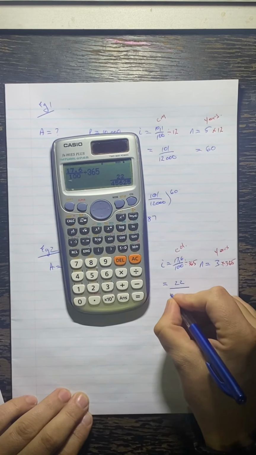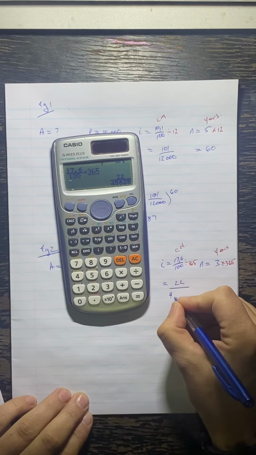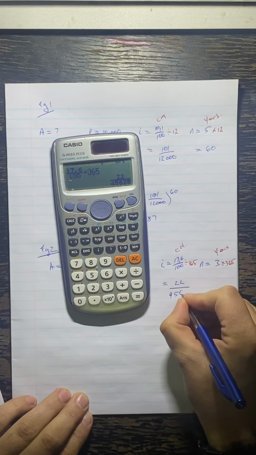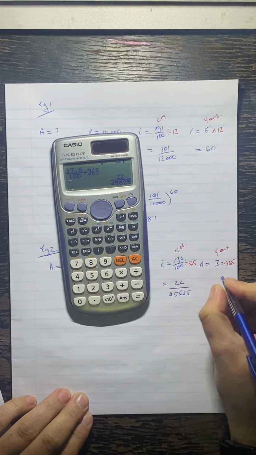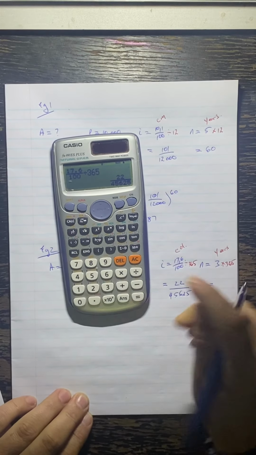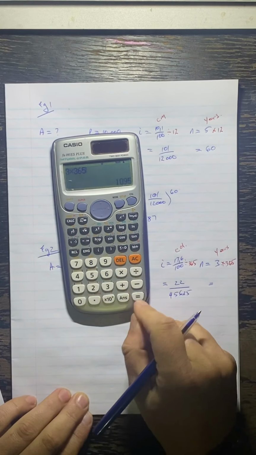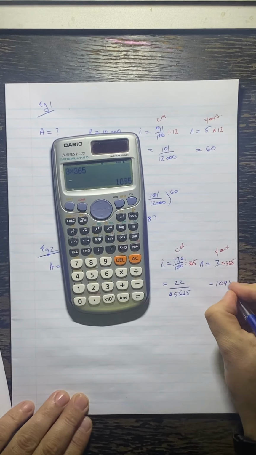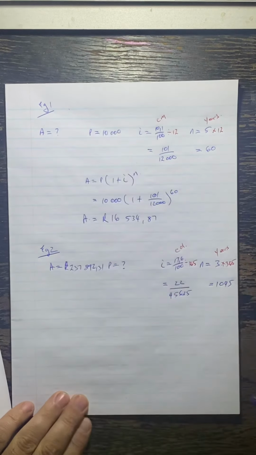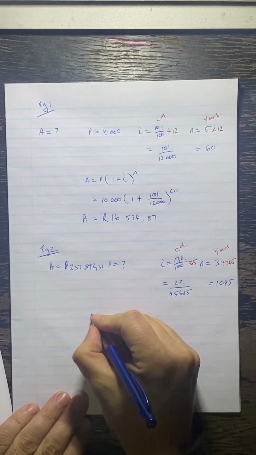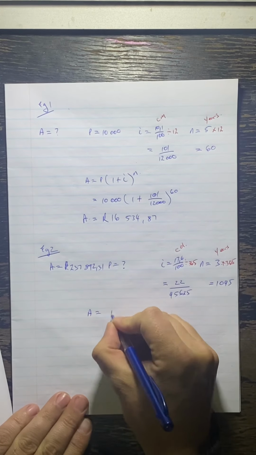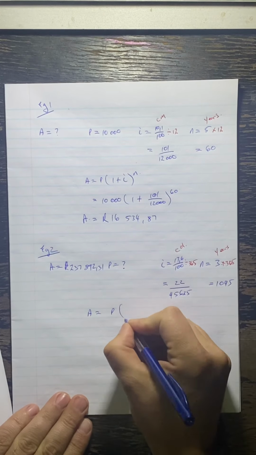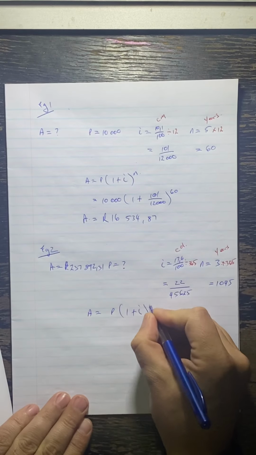22 over 45,625. Here I've got to take 3 times 365 and we get 1,095. Now those are the values I'm going to be using in our formula. So A is equal to P(1 + i)^n.